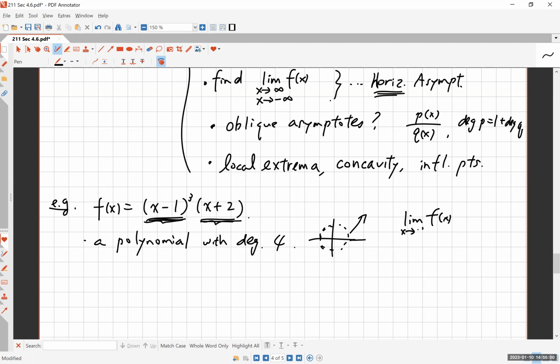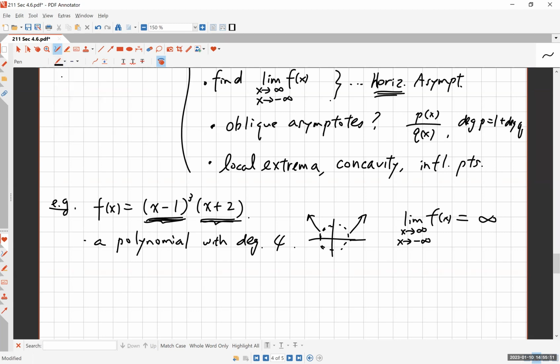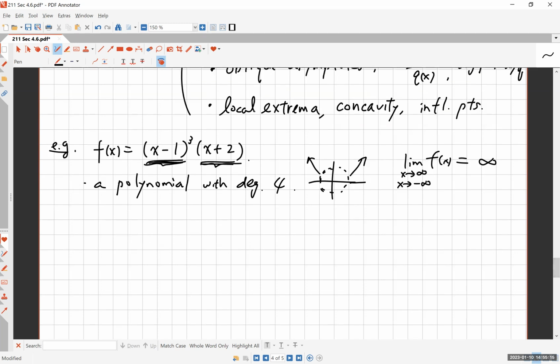As x approaches infinity or as x approaches negative infinity, in both directions, f of x will approach infinity, right? Because you have x to the 4th power, which is of course approaching infinity. That's going to outgrow all the other terms, and the limit at both positive and negative infinity can easily be seen as positive infinity.